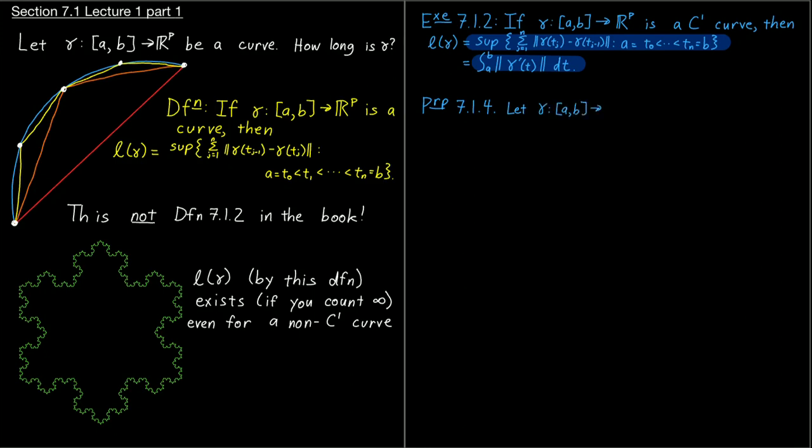Same setup, we've got a C1 curve. And we're going to pick a positive number epsilon.